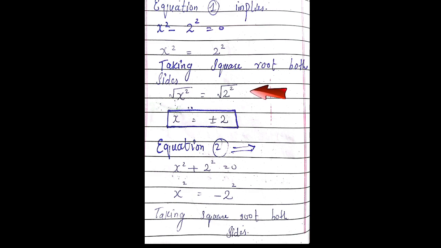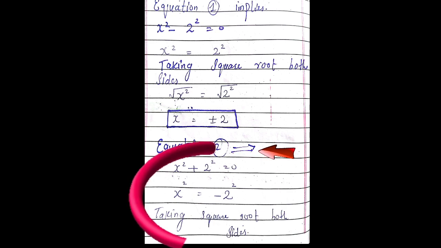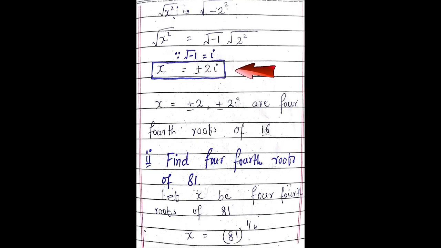It will become x is equal to plus minus 2, that is the roots of equation 1. Next, solve equation 2. It solves the same as equation 1. After simplifying, x is equal to plus minus 2 iota, that is the roots of equation 2. Hence plus minus 2 and plus minus 2 iota are the fourth roots of 16.